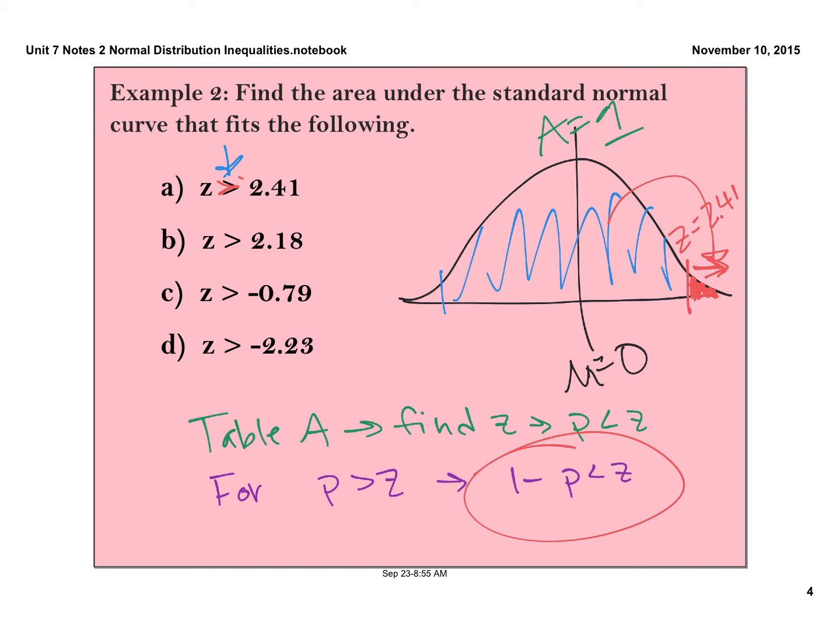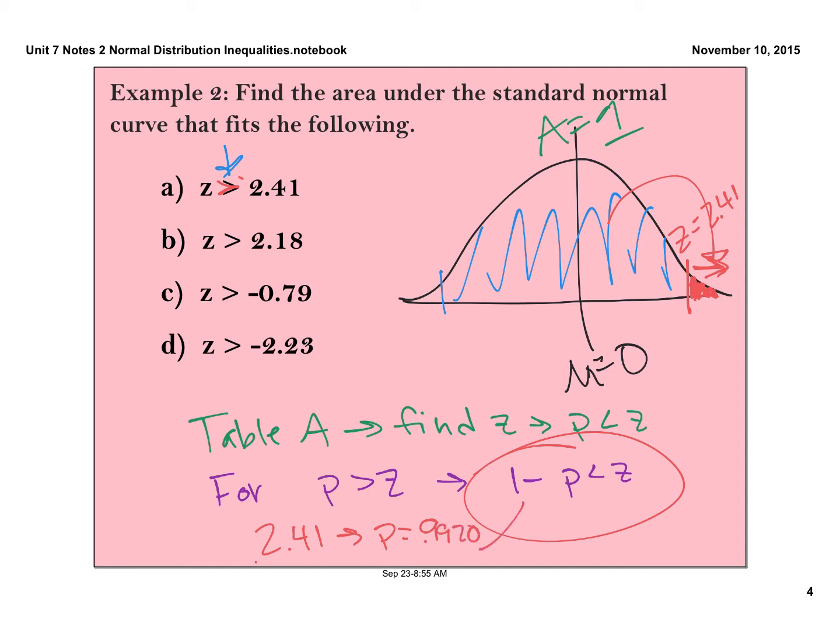So if I do that, go to your table, look up 2.41. So 2.41 gives me a p-value of 0.9920.